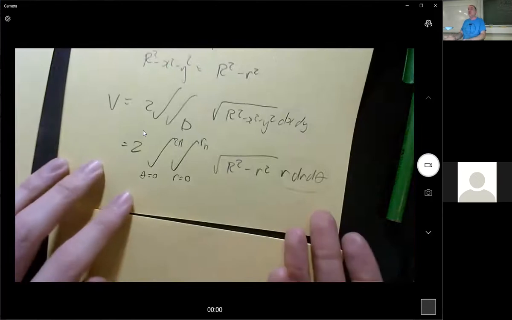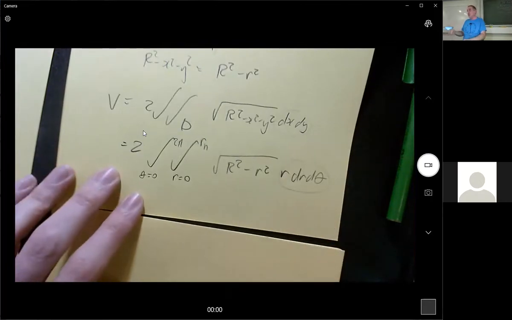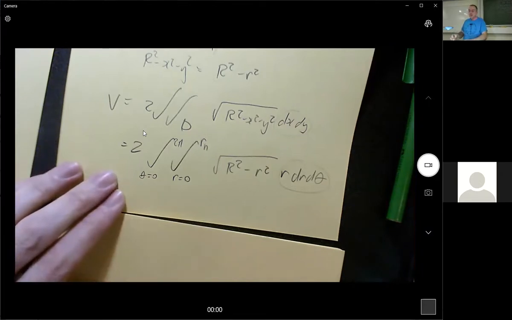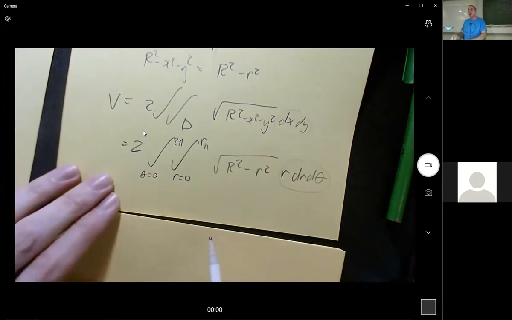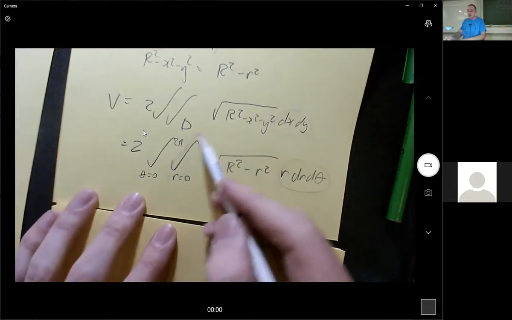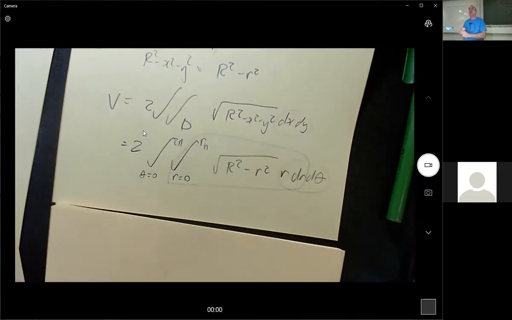So this integral would now have to be done the way that you do double integrals. Would anyone like me to do this integral? Okay, cool. So I can now work my way in or out. I can see that this bit doesn't involve any thetas.